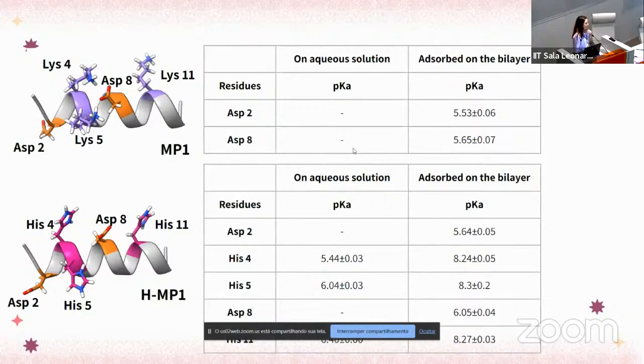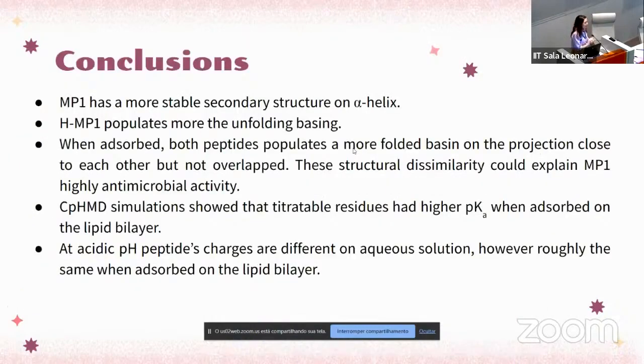Since this is a small peptide, the pKa should be near the ones that these residues have in free aqueous solution. So for aspartic acid, we would expect something around 4 in aqueous solution, while adsorbed on the bilayer, you can see that I got from 5.5 to even 6, showing that the pKa is higher when it's adsorbed.